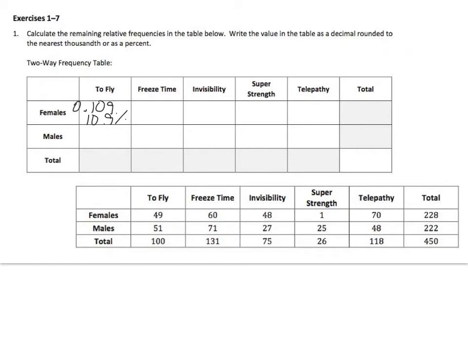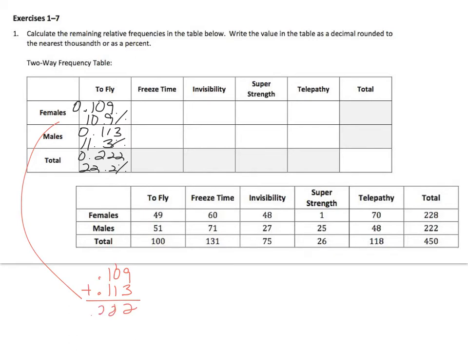Total of males that picked to fly is 0.113, or 11.3%. Okay, and the total is going to be 0.222, or 22.2%. And the cool thing is, if we take 0.109 plus 0.113, I'm going to get 0.222, which is 22.2%.